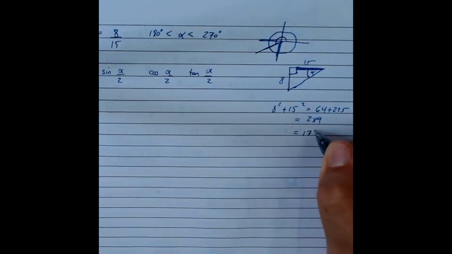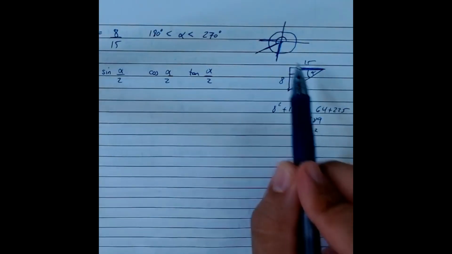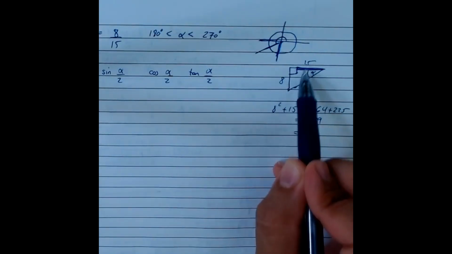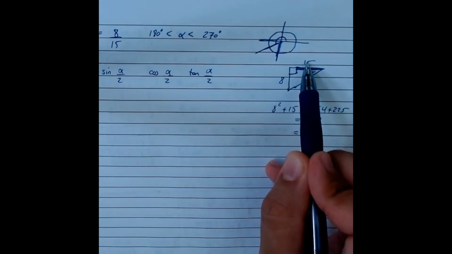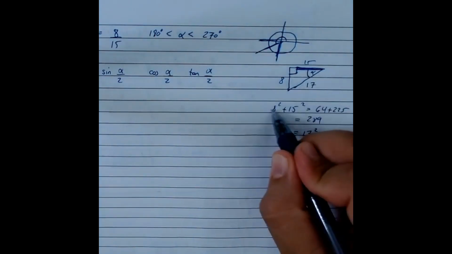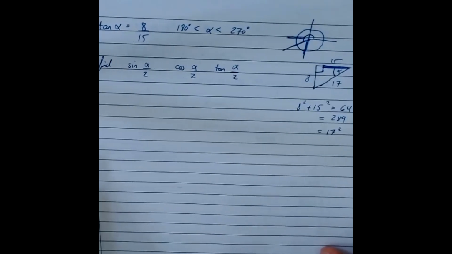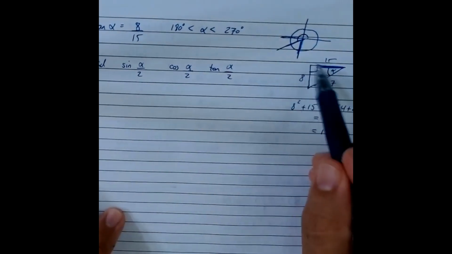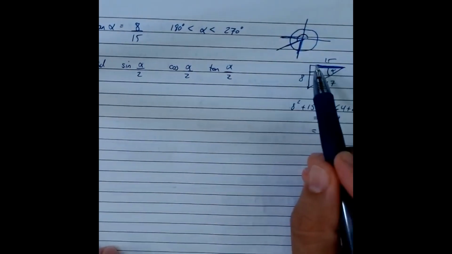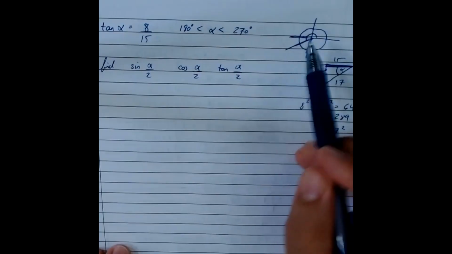After all, it's 17 times 17. So that means that if I have a triangle that has a tangent of 8 over 15, opposite is 8, adjacent is 15, the hypotenuse must be 17. That way, a squared plus b squared can equal c squared. Okay? So I have that arrangement of a right triangle. And remember, I'm in the third quadrant.